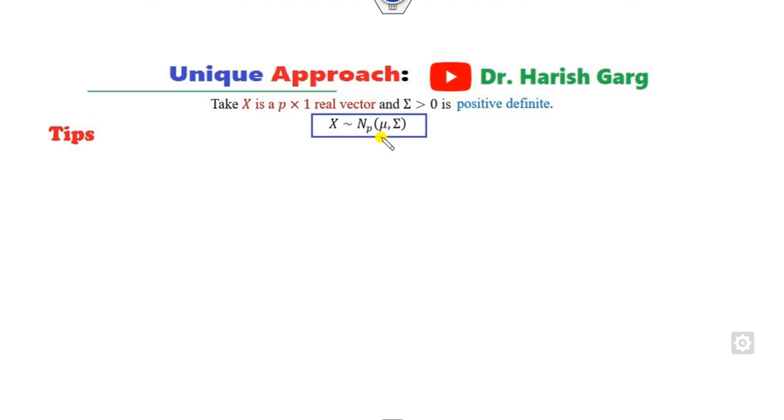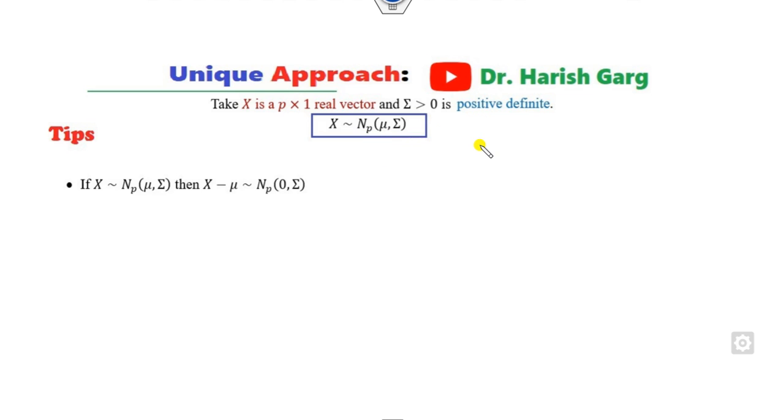This multivariate normal distribution is denoted as N_p, where p is the dimension of the vector, mu is called the mean and sigma is called the covariance matrix, or sometimes the variance-covariance matrix.